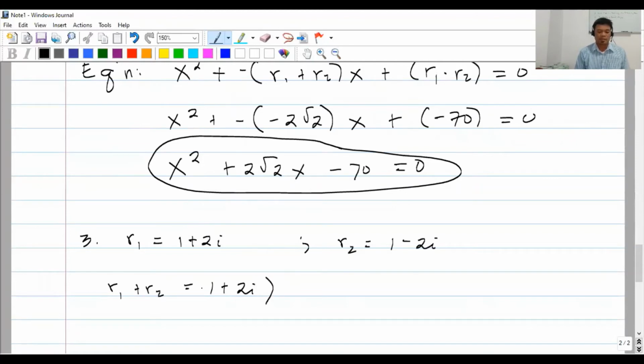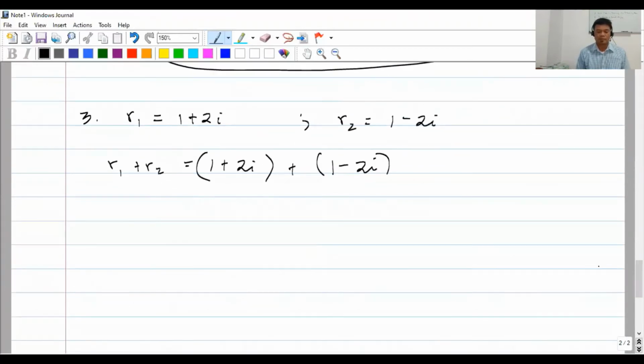And then this is our first root, plus the second root, which is 1 minus 2i. Equals 1 plus 2i. So we get rid of our grouping symbols now. Plus 1 minus 2i equals.